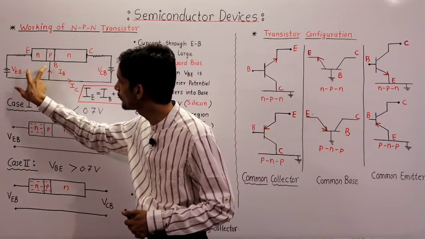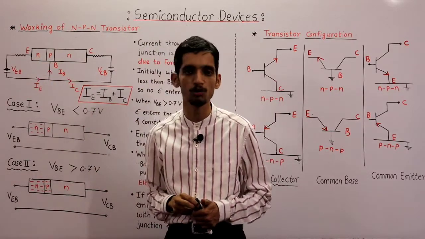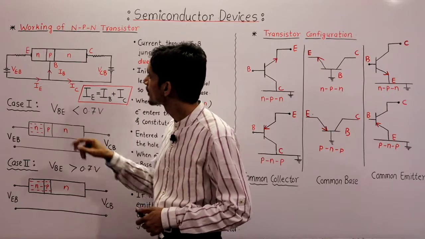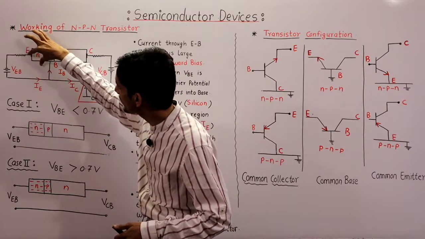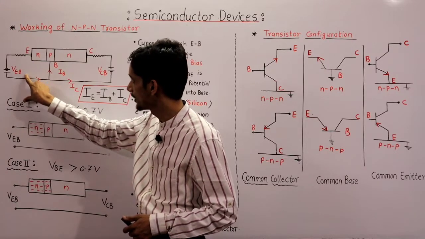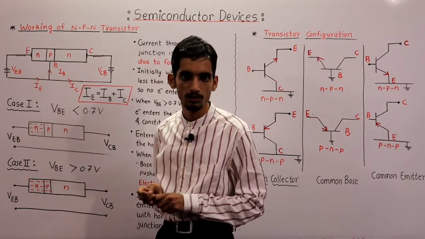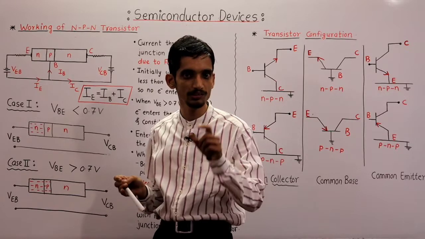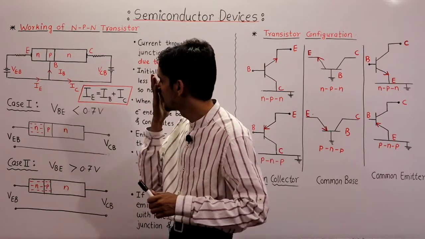That's why this particular PN junction is now forward biased. The voltage across the emitter to base is VEB, that is 0.7 volt, because it is a silicon material.